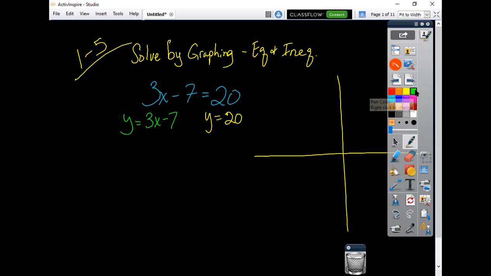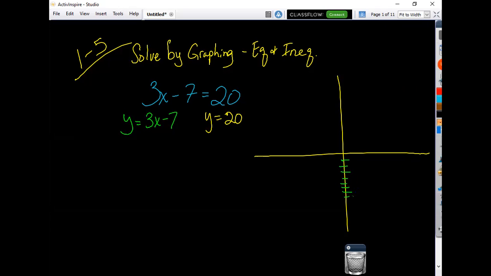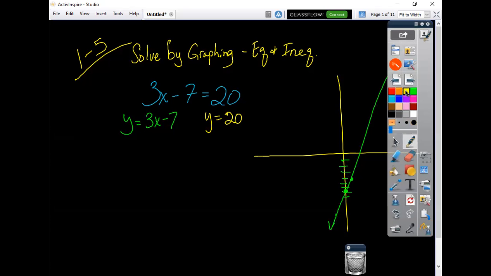So 3x minus 7, go down your -7 for your y-intercept, slope of 3, up 3 over 1, put that line in there. Then for y equals 20, just up 20.